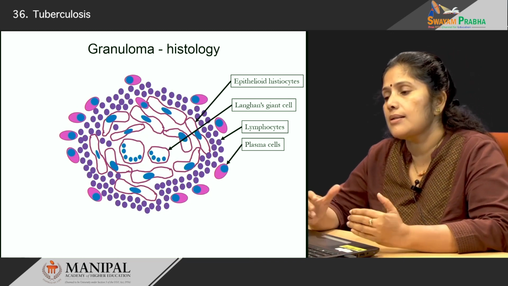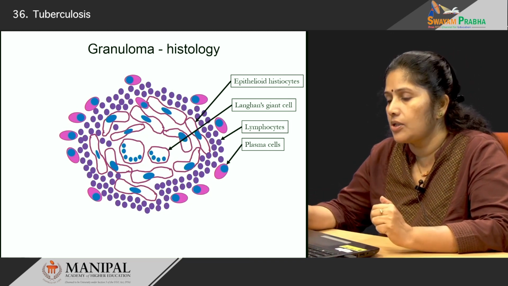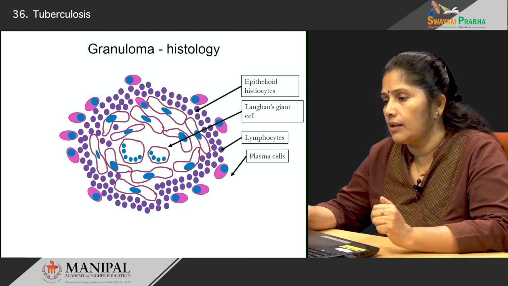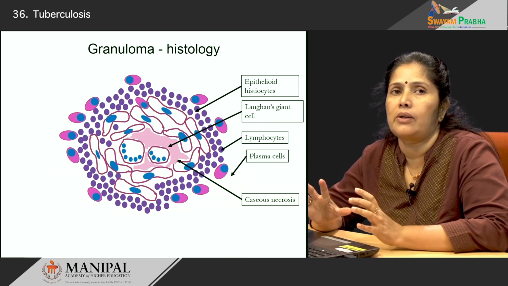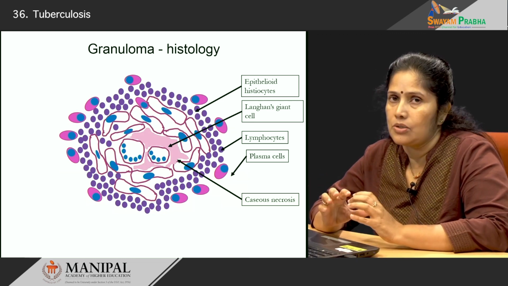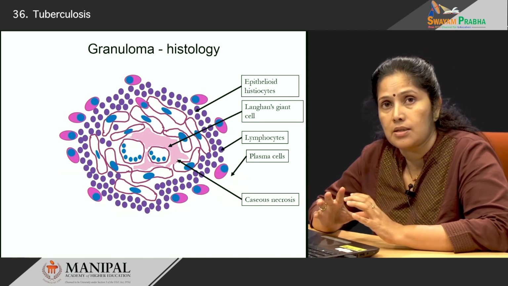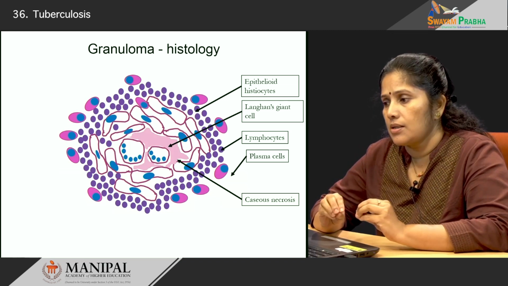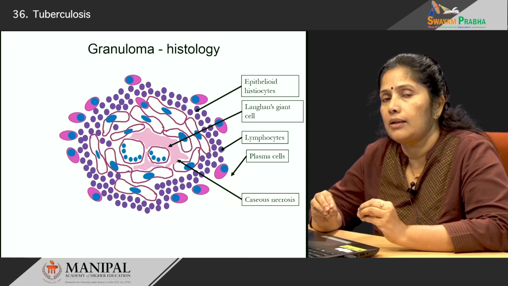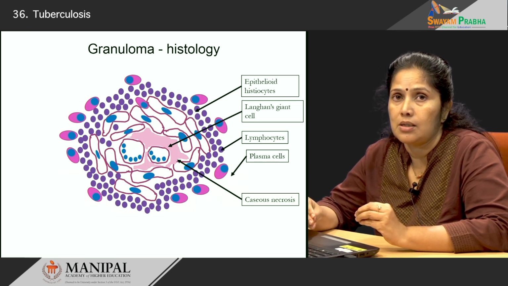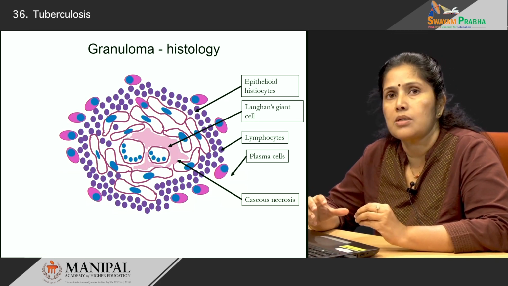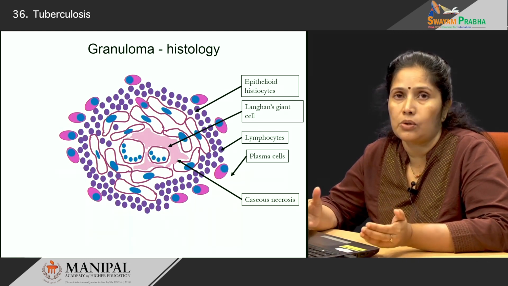Now, as this granuloma becomes larger and larger, another important feature that we see is the central pink area, which is known as the zone of caseation necrosis. Caseous necrosis is another very important finding which, when seen in the histology or in the biopsy of patients, helps us to diagnose tuberculosis.